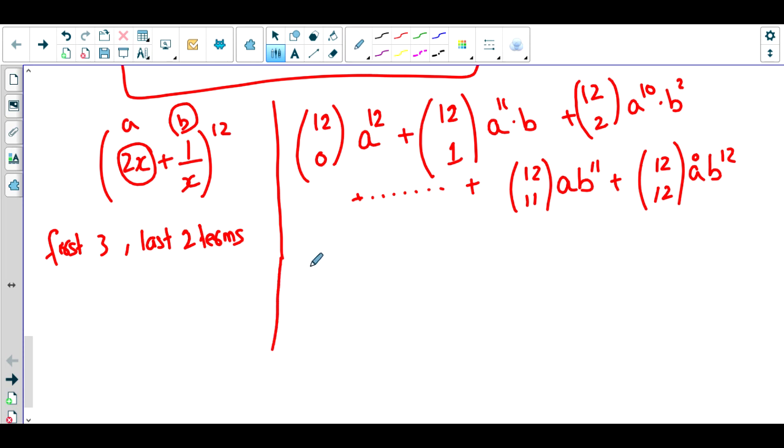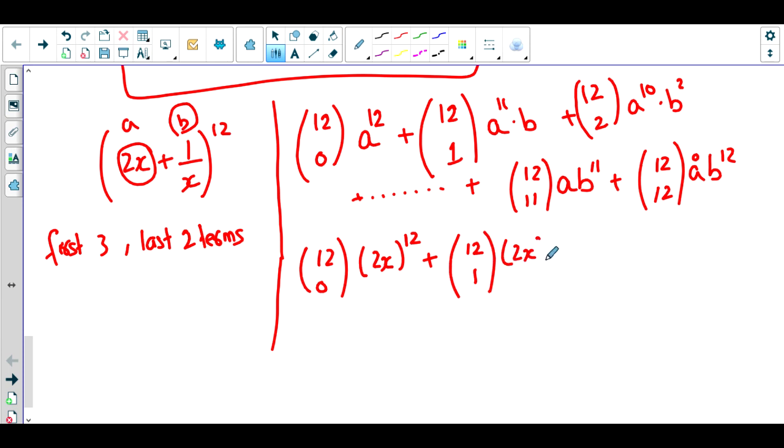So we have what? 12C0 (2x)^12 plus 12C1 (2x)^11 into b. b is what? 1 over x.